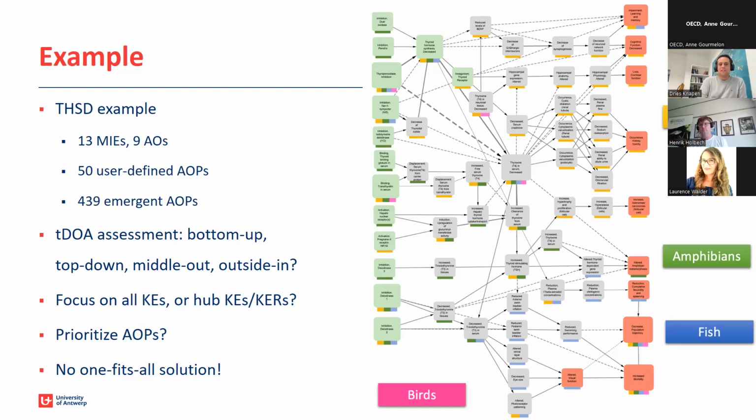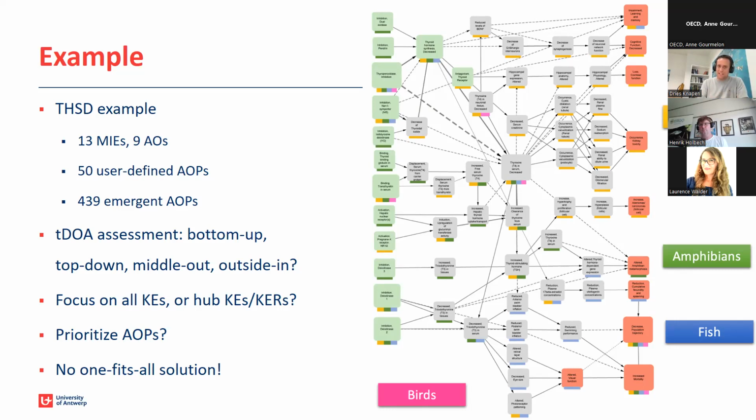So the real challenge is to come up with a strategy for approaching this. For example, do we start from the MIEs and move to the right in terms of thinking about the taxonomic domain of applicability? Or do we do it the other way around, starting from the adverse outcome and moving our way towards the left? Or do we start in the middle? Do we focus on all of these AOPs or just sets of AOPs? Are we going to group them or prioritize them?